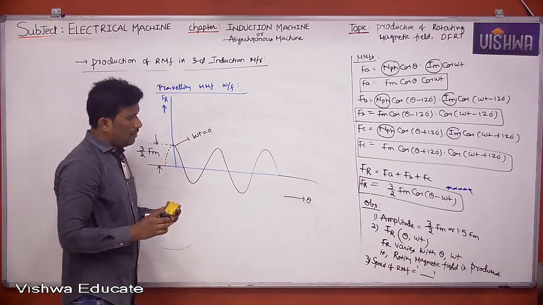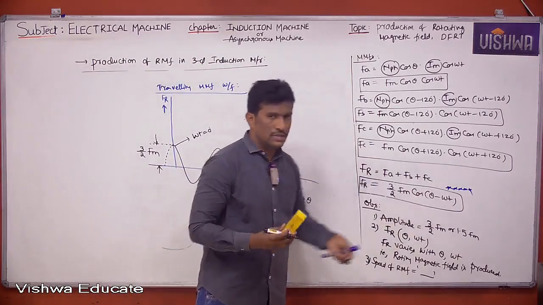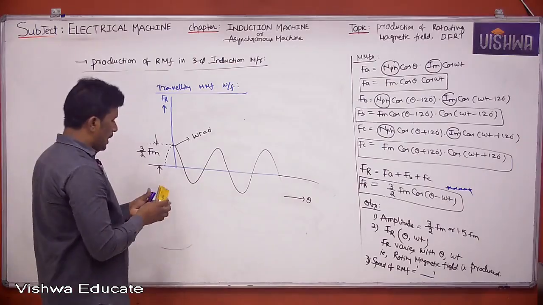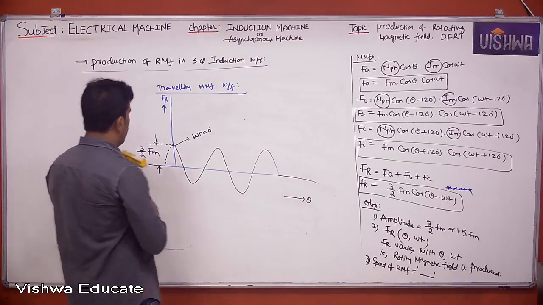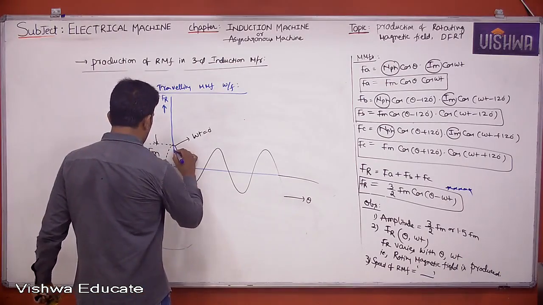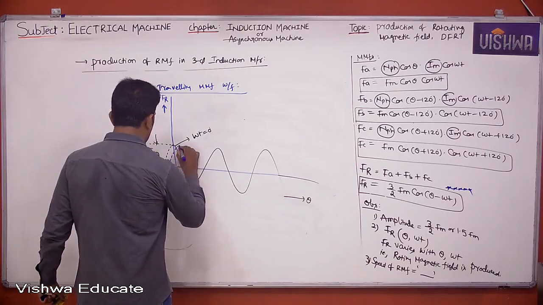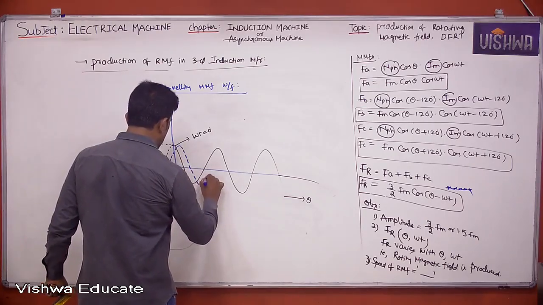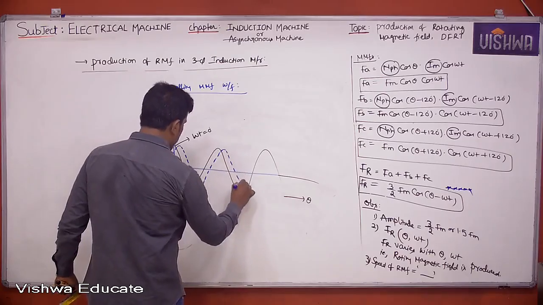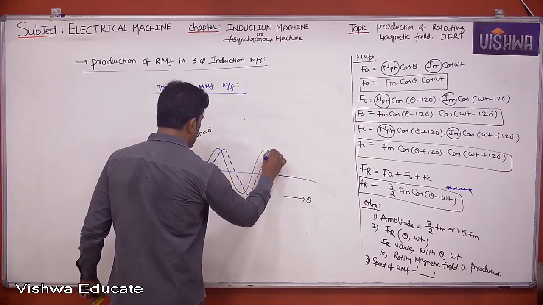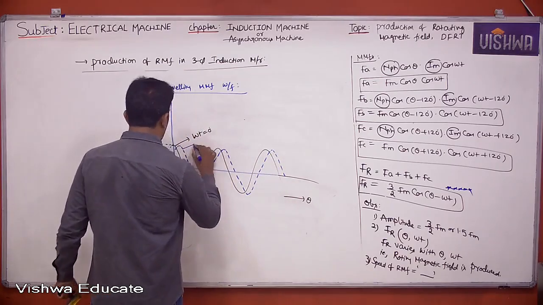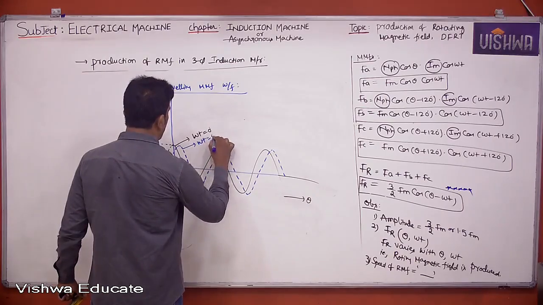And please tell me, if omega t equals 45 degrees, at that time your waveform will be like this. 45 degrees means you will be somewhere here. It will start like this. This is the waveform of resultant MMF if omega t equals 45 degrees.